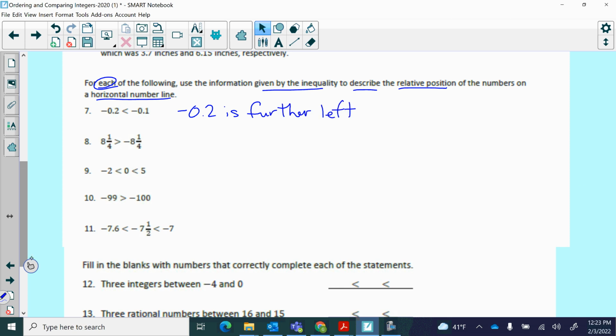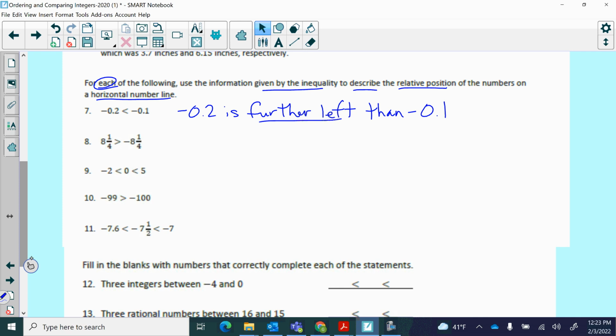Please do not talk about distance from 0. That's absolute value. It's a totally different concept. When I talk less than or greater than, it's further left or further right on the number line. Further left than -1. So that's literally all you're going to say. Basically, you're going to put the first number, and then you're going to say, is it further left or further right than the other number?